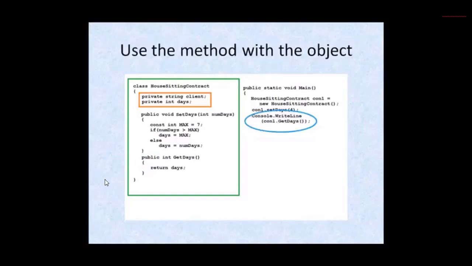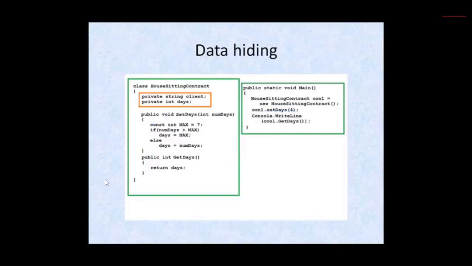So back in the main method, you might write con1.getDays. And now, the days can be returned from the public method, and the program can use them. With most classes, you make your fields private. This concept is called data hiding. You control how you get to the fields through the use of public methods.